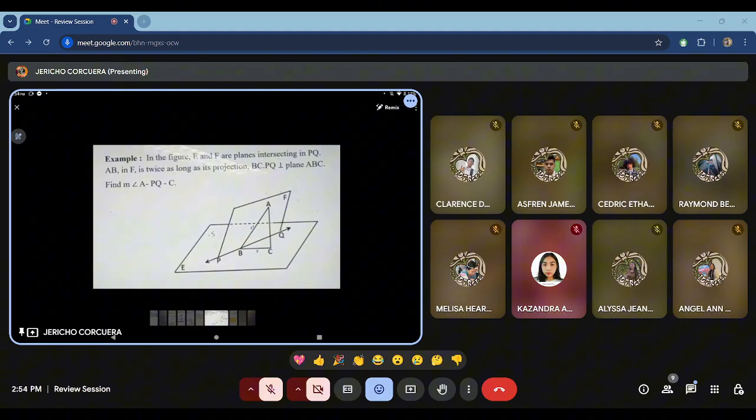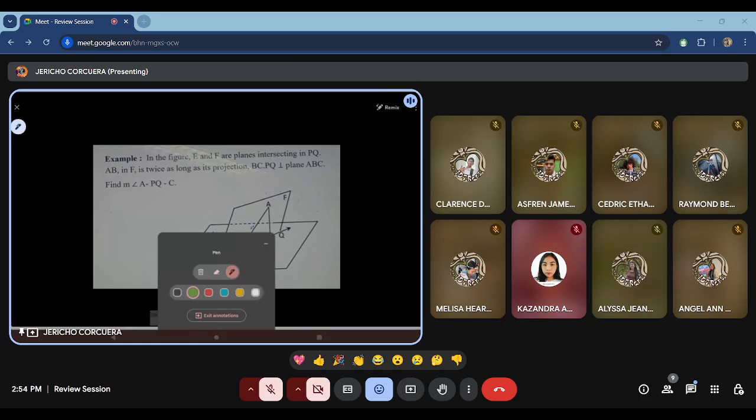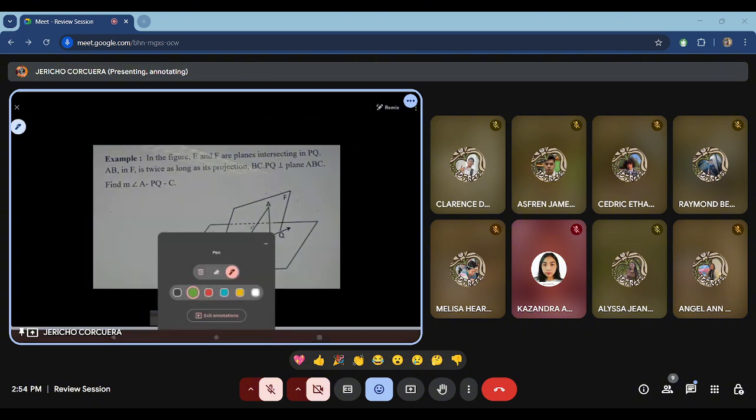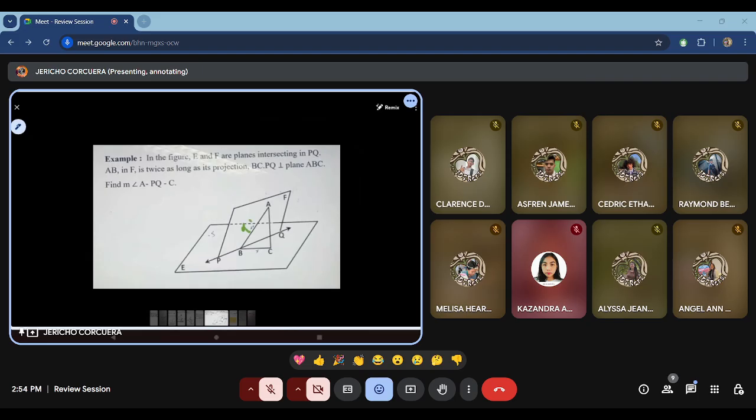Let's just look into the plane here first, which is the triangle ABC. AB in F is twice as long as its projection, so let this be 2x, and this x.